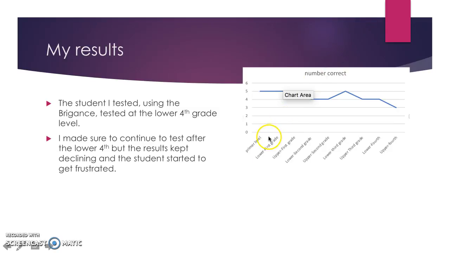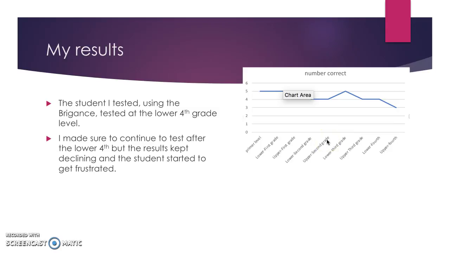So as you can see, I did the primer level, the lower 1st grade level, the upper 1st grade level, and after that, the results started to change a little bit. So the lower 2nd grade level and the upper 2nd grade level stayed consistent about where the primer level was.